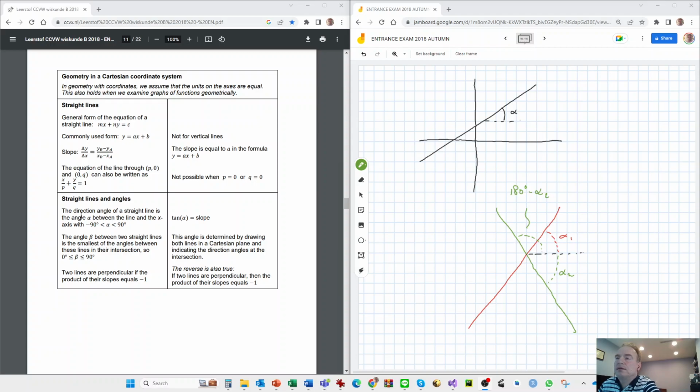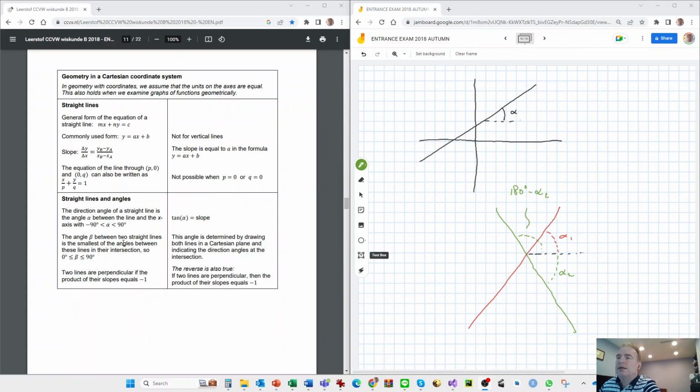Then the direction angle of a straight line is the angle between the line and the x-axis. And the tangent of that angle is equal to the slope. In this case, I have this line here, and alpha here is the angle with the x-axis, and the tangent of this is the slope.